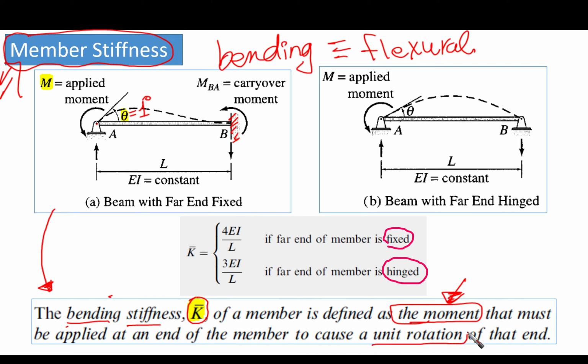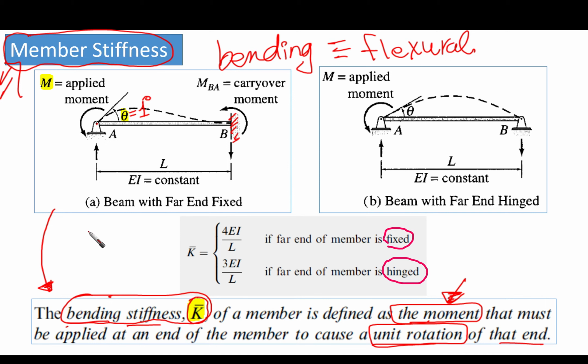Take care of this: unit rotation of that end. Whenever we want a theta equal to 1 here, we need to apply a moment. The magnitude of this moment is what we call the bending stiffness, or K bar.